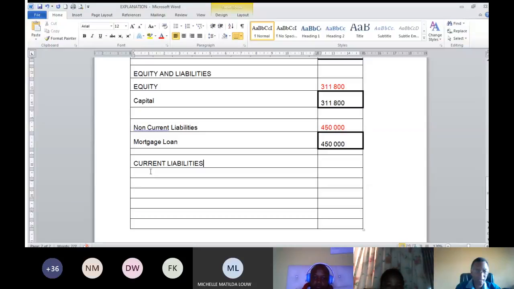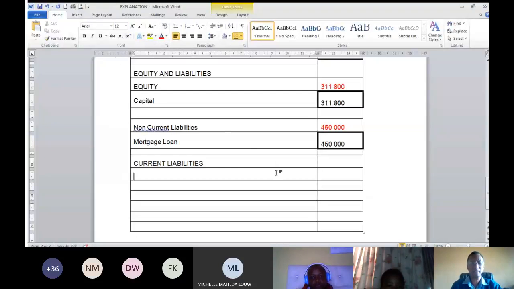We speak about our current liabilities now, guys. Take a look at our current liabilities. Current liabilities will consist of trade and other payables.